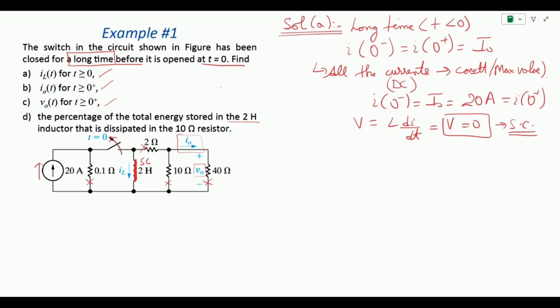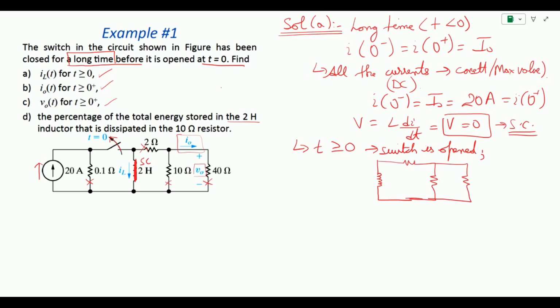Now let us come to the condition when t is greater than or equal to 0. This means that the switch is now open. When the switch gets opened, the first thing we need to know is that our circuit reduces to just an inductor followed by resistors.